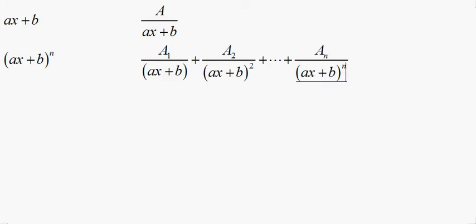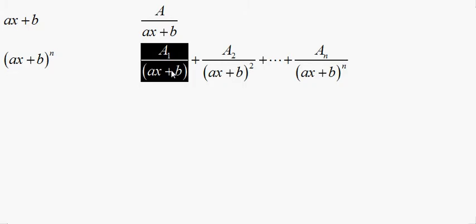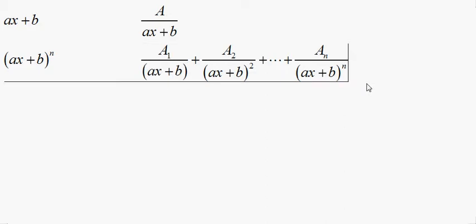So basically, if you had x plus 1 squared, your terms would be a1, or I use ABC, but you can use a1. It would be a1 over x plus 1 plus a2 over x plus 1 squared.